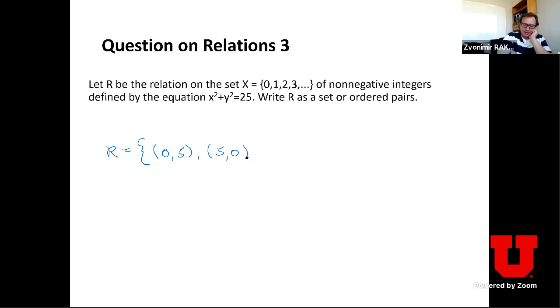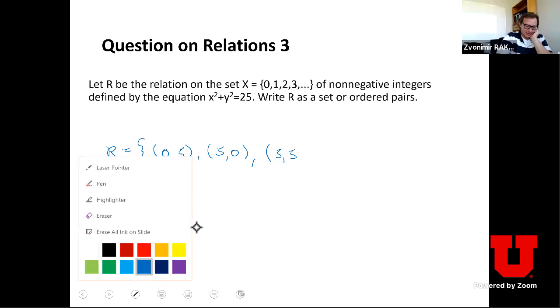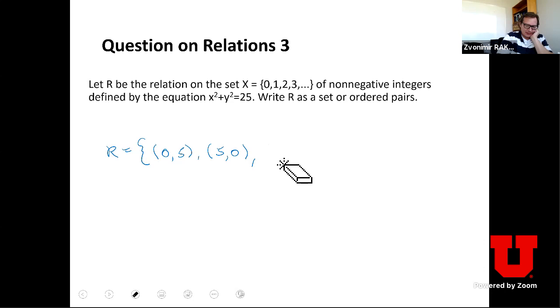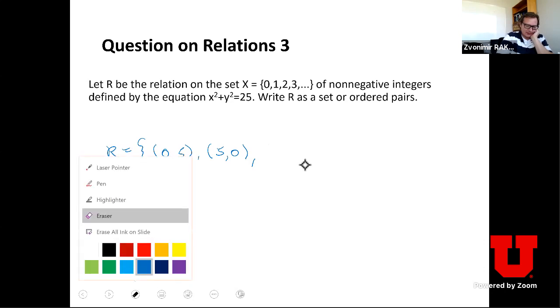The first one maps 0 to 5, then the second one maps 5 to 0. We have 5, 5. No, sorry, wrong. That adds to 50. So (5, 0), (0, 5).